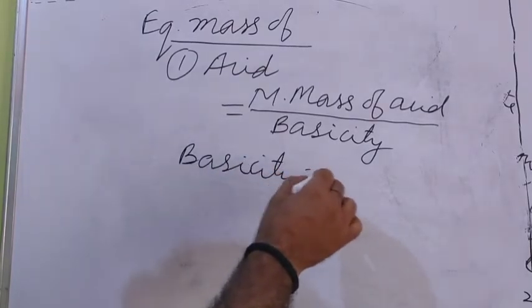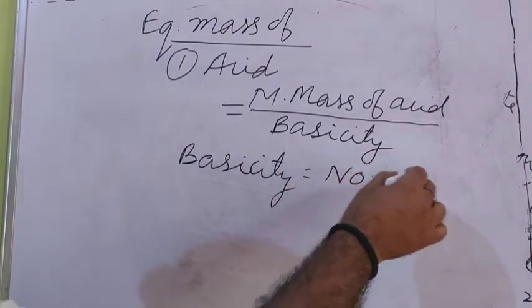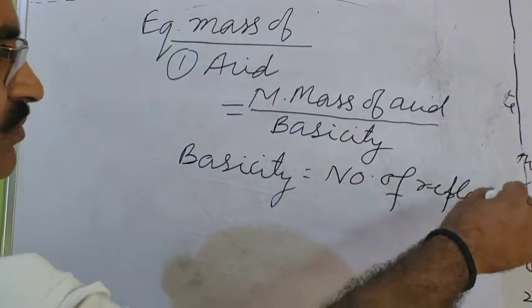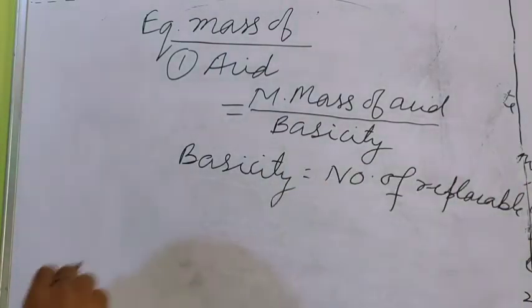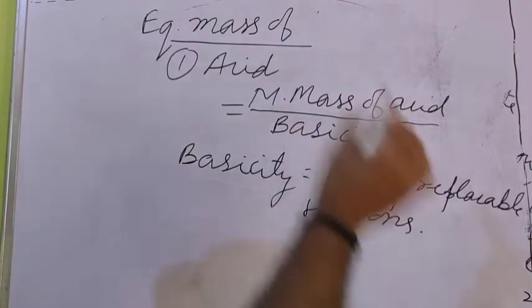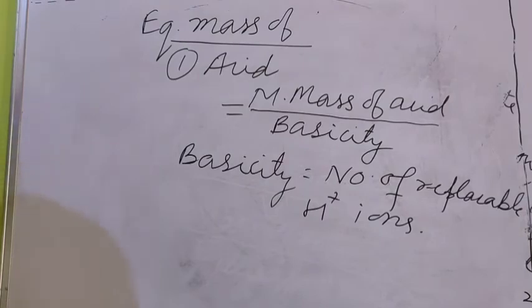Basicity is equal to the number of replaceable H plus ions. It means there are some acids which cannot replace all their H plus ions.